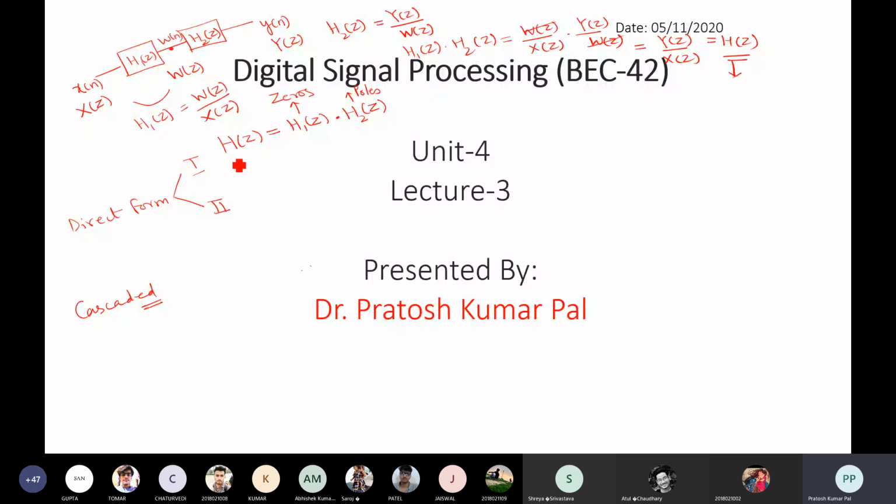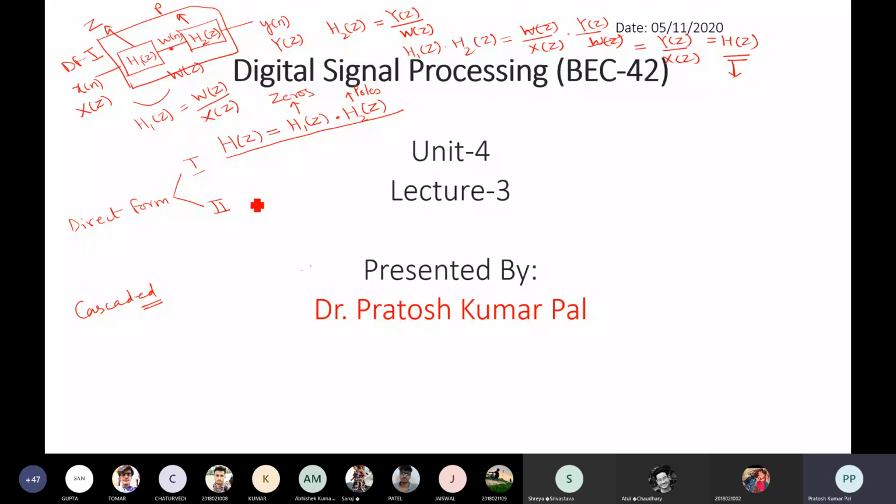Okay, so the same can be derived. Here in this representation, the first part H1 of z represents the zeros, and the second part represents the poles. This is direct form 1.